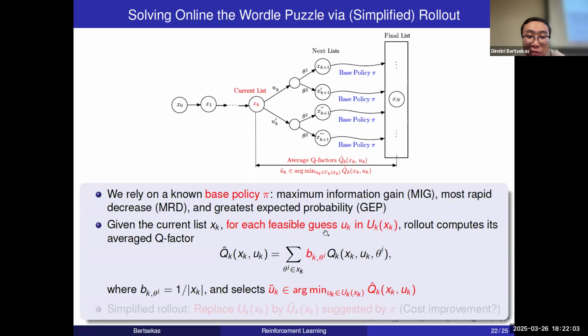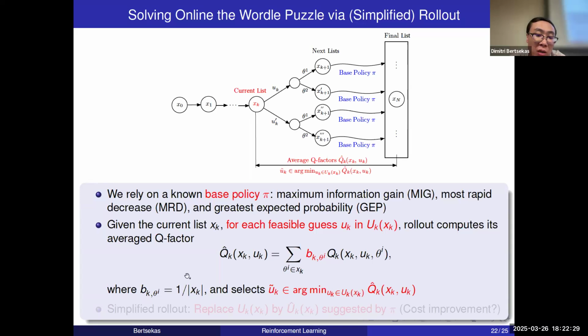For each of the feasible guesses, you run the given base policy starting from the next state, and get a sample trajectory of this Q factor. So again, the branching factor here is equal to the number contained in the current list.